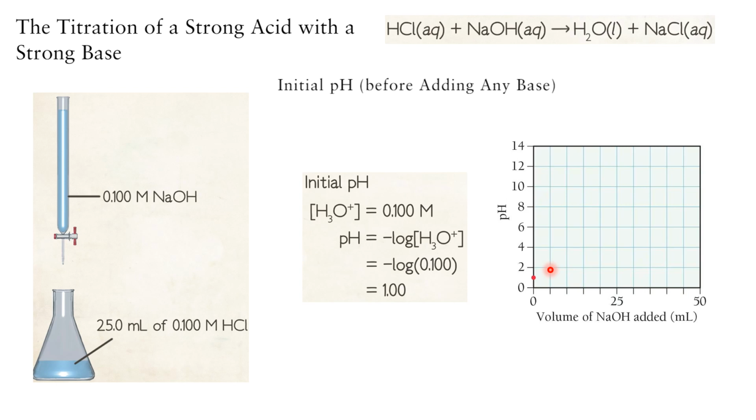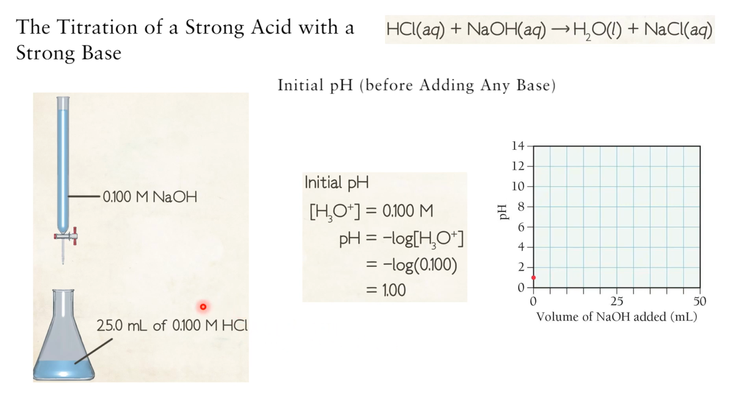So the initial pH before we add any base. Basically, what this is telling me is, what's the pH of this before adding any of this? Well, that's pretty easy because HCl is a strong acid. And if HCl is a strong acid, we know that all of the HCl that we have is going to convert to H plus and Cl minus, right?